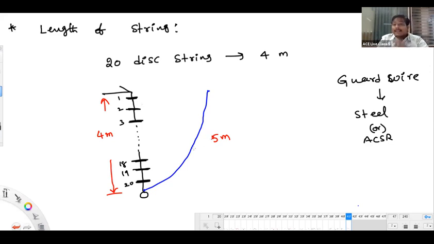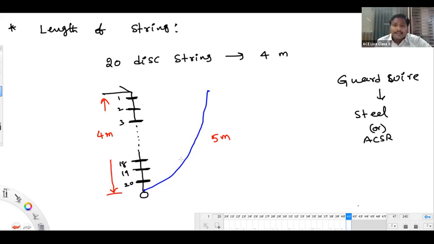So it is not possible to keep this much length of guard wire with good mechanical strength. It's not possible to stand the guard wire of this much length.